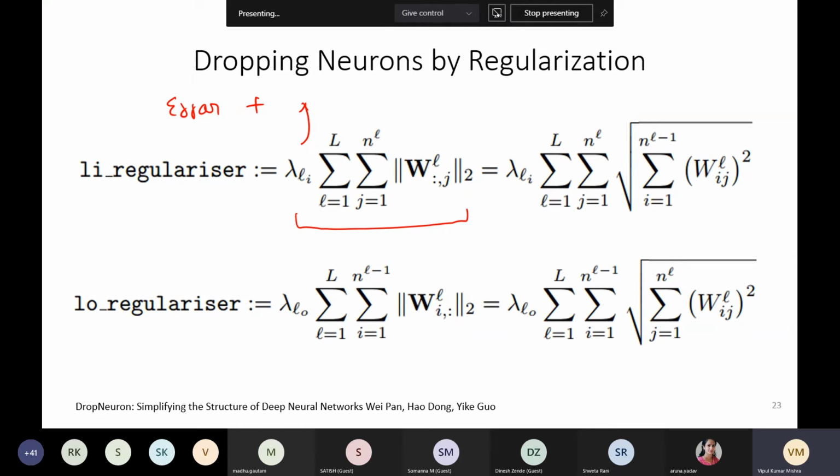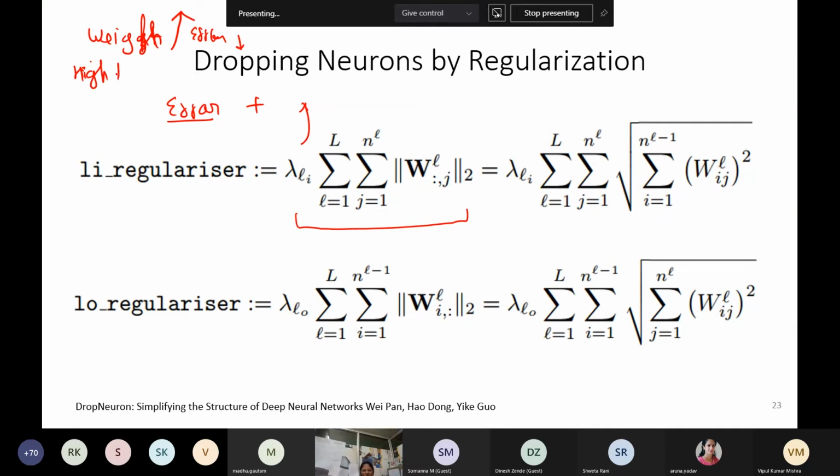Now, as our weight value increases, your error is dropping. Your error will reduce. But this will impose a high testing error.